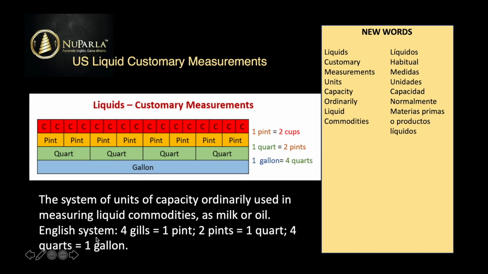Again, the English system is different. They'll have gills, pints, quarts, and gallons, and so forth. Okay, very good. Liquids, líquidos, customary, habitual, measurements, medidas, units, unidades, capacity, capacidades, ordinarily, usualmente o normalmente, liquid, materias primas, commodities, productos, líquidos. Very good.